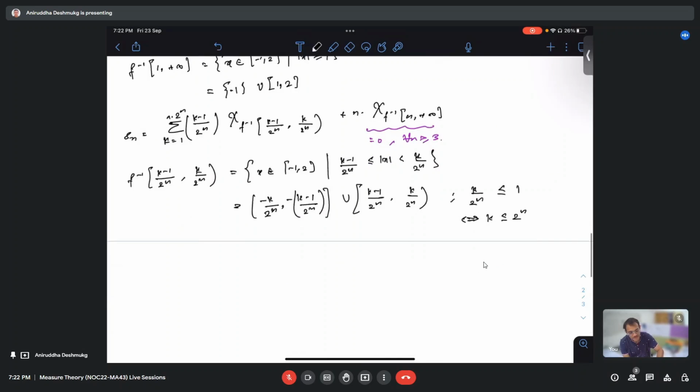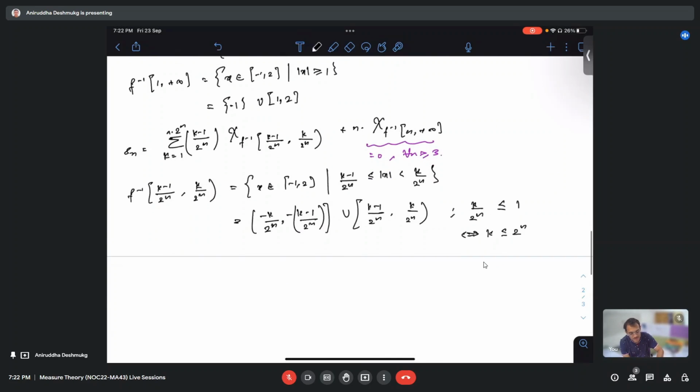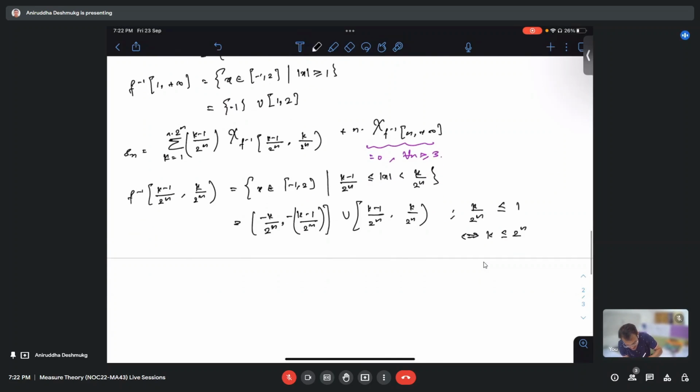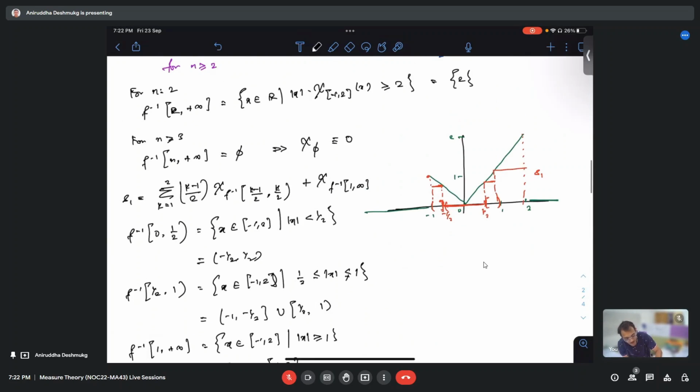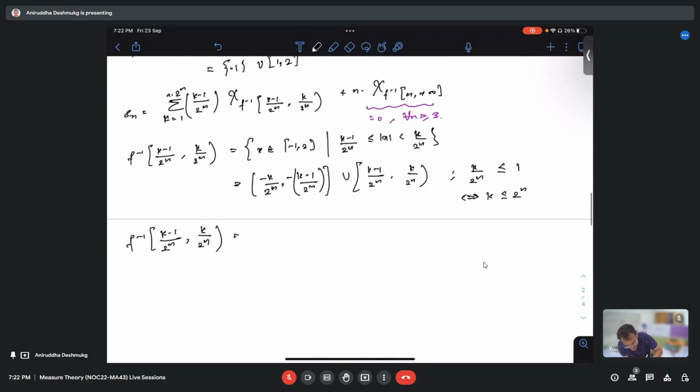On the other hand, if k/2^n is bigger than 1, we'll get a different representation. So f inverse of [(k minus 1)/2^n, k/2^n). When we move beyond 1, only the right part remains. So that would be [(k minus 1)/2^n, k/2^n) when k is bigger than 2^n.